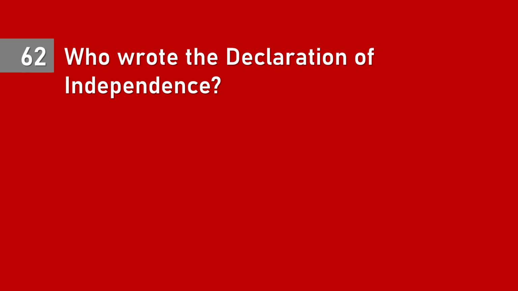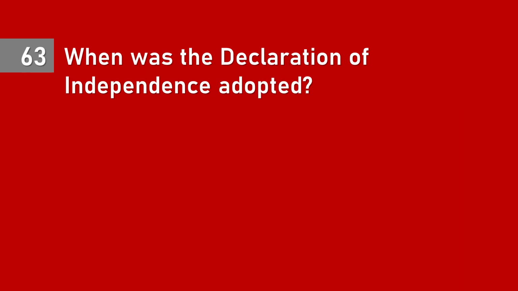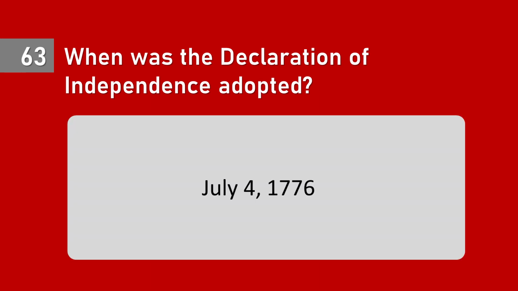Question 62. Who wrote the Declaration of Independence? Thomas Jefferson. Question 63. When was the Declaration of Independence adopted? 4 July 1776. Question 64. There were 13 original states.